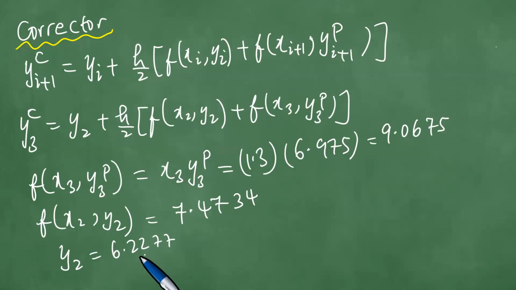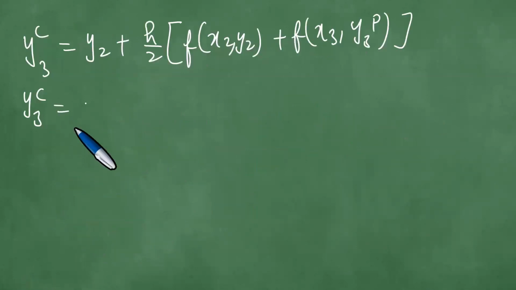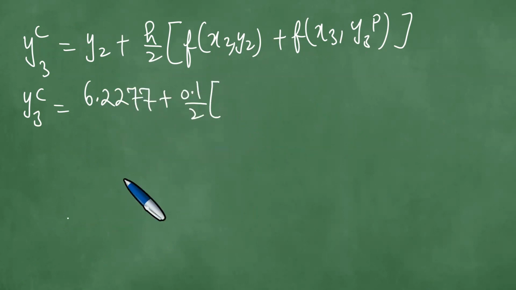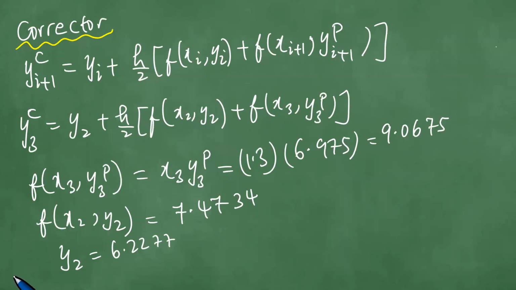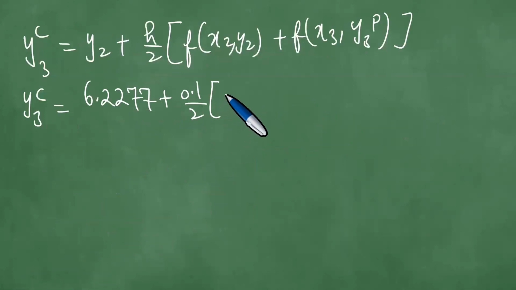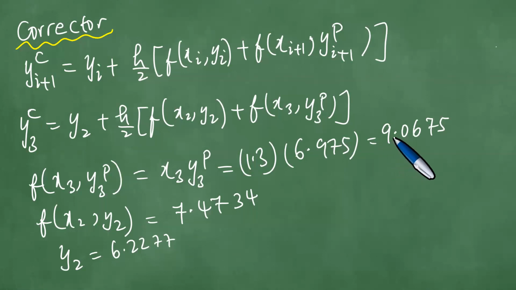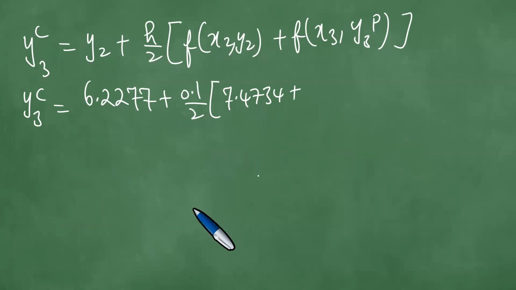We got y2 to be 6.2277, h is 0.1, f x2 y2 is 7.4734, and f x3 y3 is 9.0675. Okay, like this. And then we close.